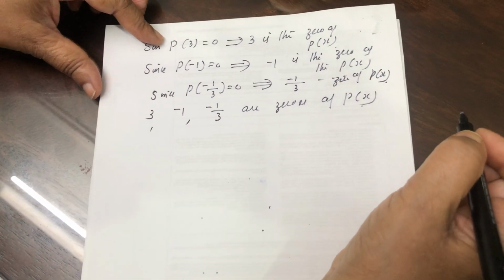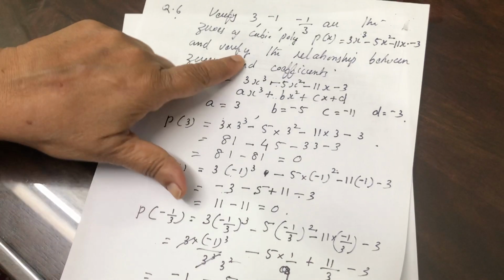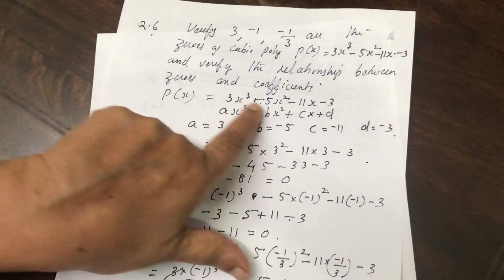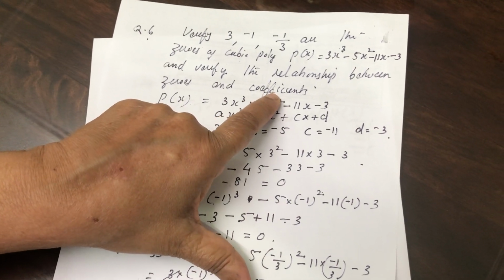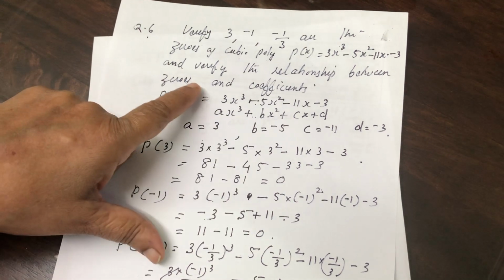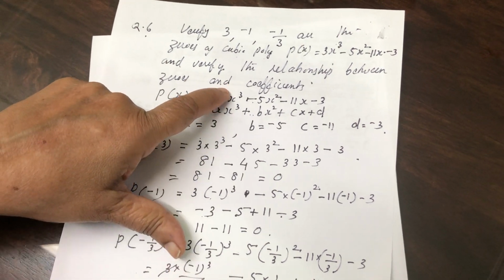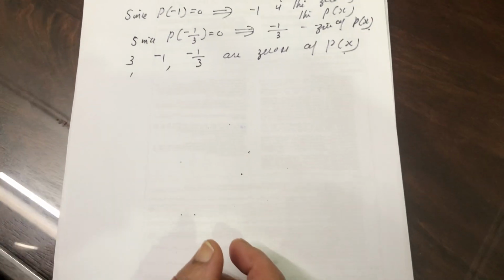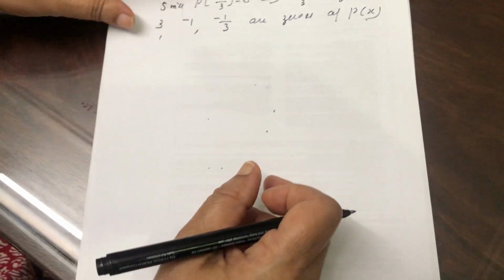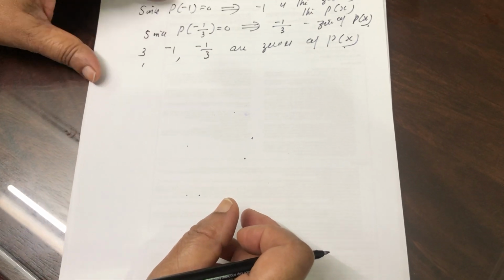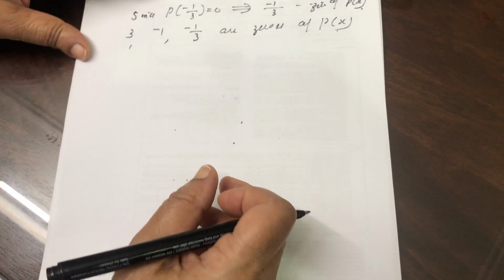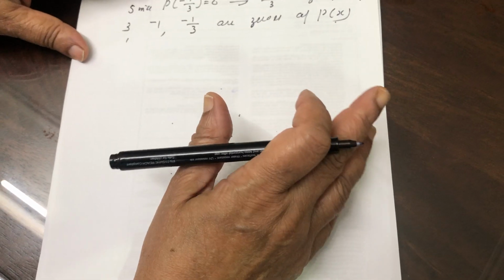Now you have to verify the relationship between zeros and coefficients. You have learned the relation: alpha plus beta plus gamma is minus b by a, alpha beta plus beta gamma plus gamma alpha is c by a, alpha beta gamma is minus d by a. That is for the cubic polynomial.